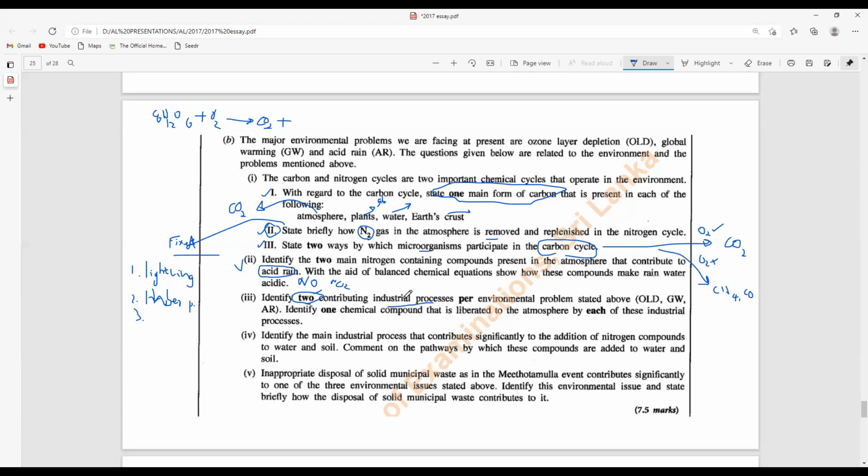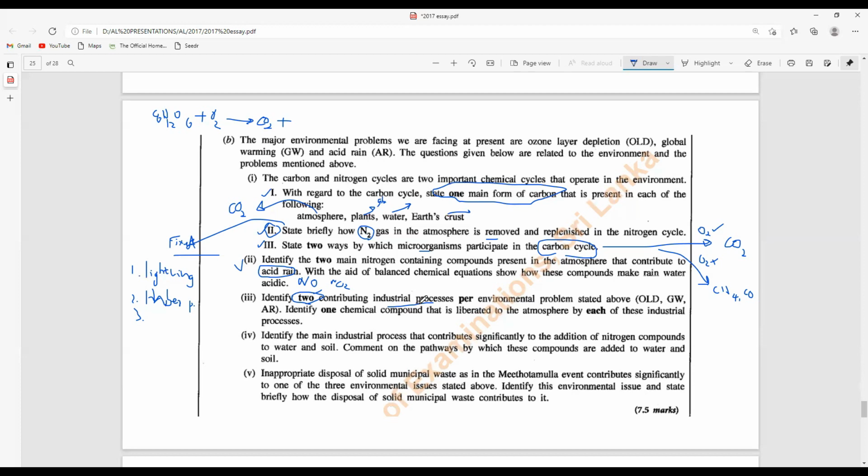Okay, so ozone layer depletion. You know that in the air conditioners you are using, the industries that make these air conditioners mainly use CFC and even HCFC, chemicals which deplete the ozone layer. Okay, so this is one.